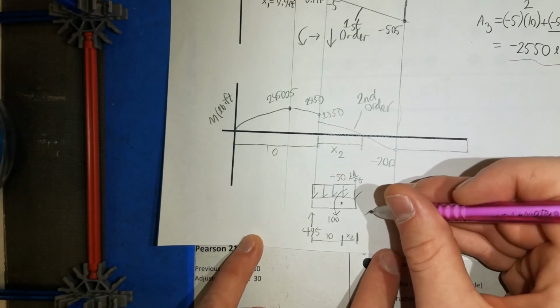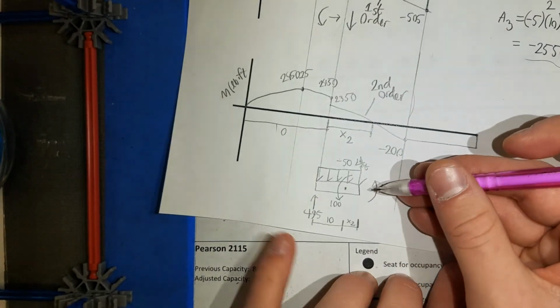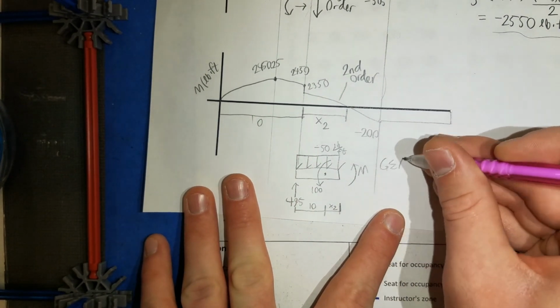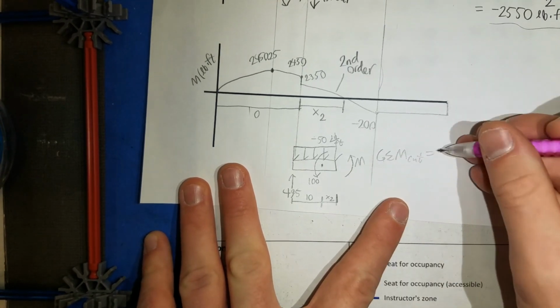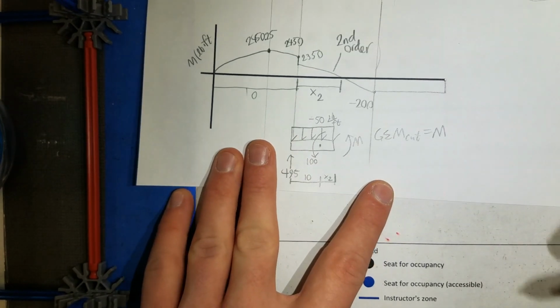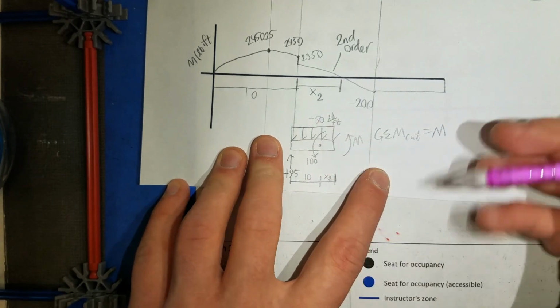And then we're going to go ahead and draw the moment in here. I'm not going to draw the shear or the normal just because they don't really matter for the sake of this problem. We're going to go ahead and sum the moments about the cut. And so summing the moments about the cut, we're going to get m. And then this is going to get kind of messy, but we're going to go ahead and write all the forces causing a moment.